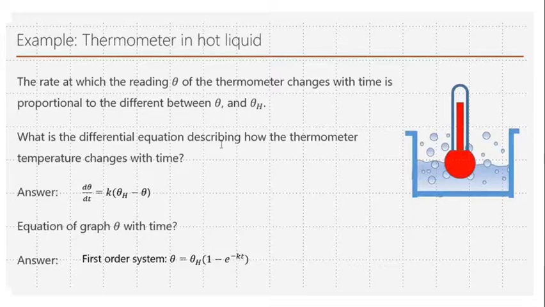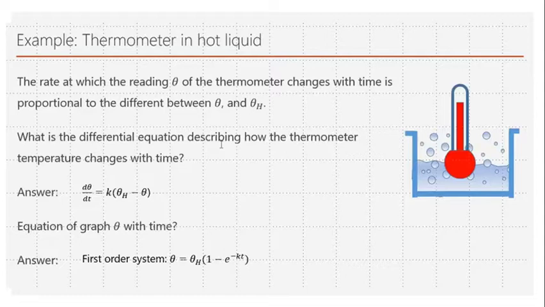By analyzing that, it is discovered that the rate of change, here we are looking at theta, so the rate at which the reading theta of the thermometer changes with time is proportional to the difference between theta h and theta, with no index, that is common. So the question here is, what is a differential equation describing how the thermometer temperature changes with time?